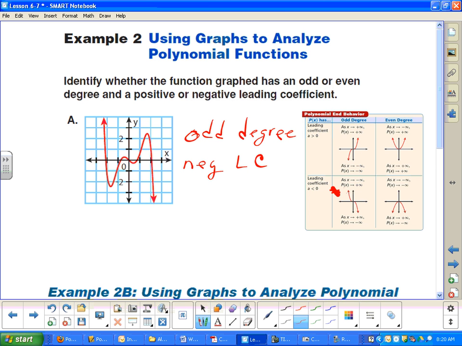Does it start in the second or third quadrant? Okay. So this one starts in the second quadrant and it ends up in the fourth. So which of these start in the second and end up in the fourth, regardless of what happens in between? The stuff in the middle doesn't really matter for what we're trying to decide. It will eventually, we'll talk about that, but right now it doesn't matter.